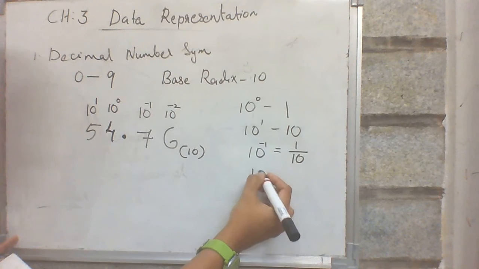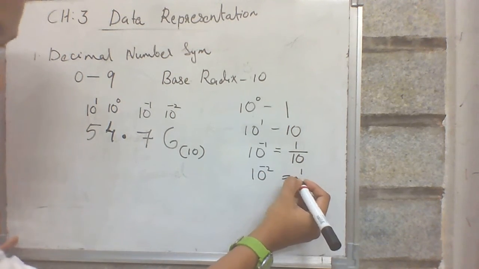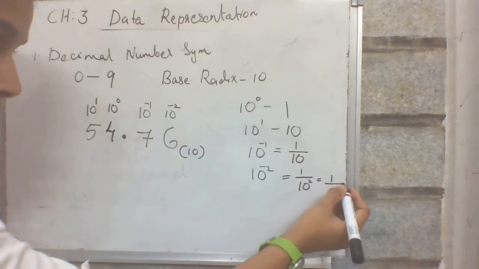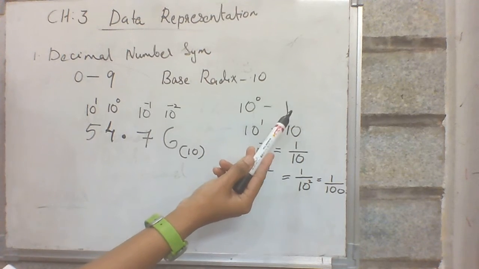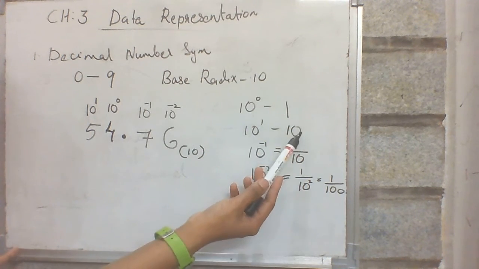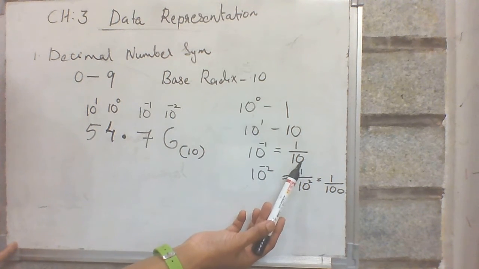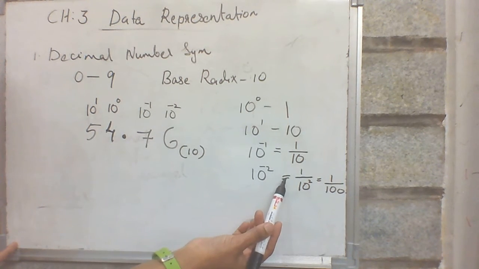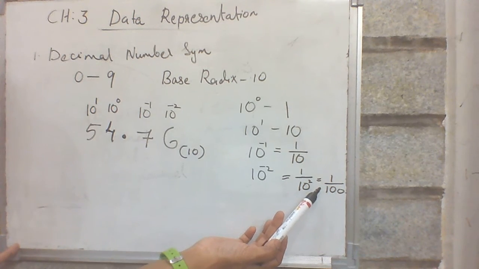Then 10 to the power minus 2 is equal to 1 divided by 10 square, which is 1 by 100, equal to 0.01. So, 10 to the power 0 is 1, 10 to the power 1 is 10, 10 to the power minus 1 is 1 by 10, which is 0.1, and 10 to the power minus 2 is 1 by 10 square, which is 1 by 100.